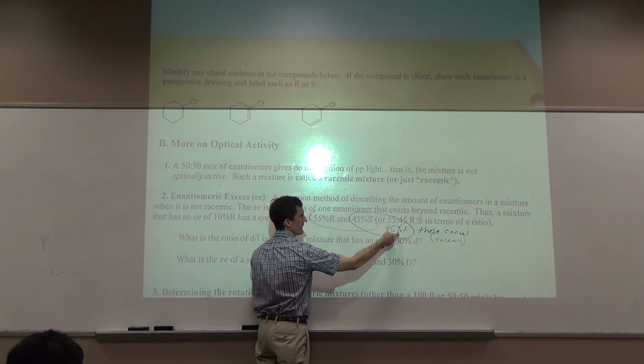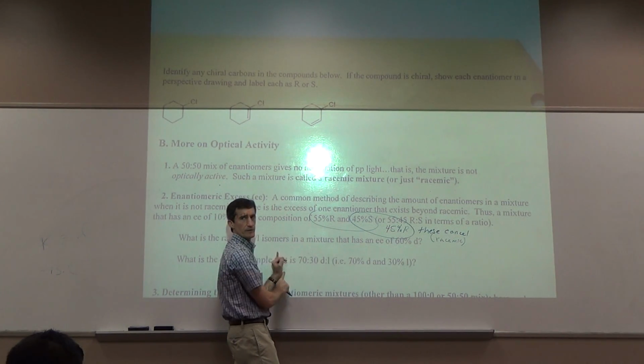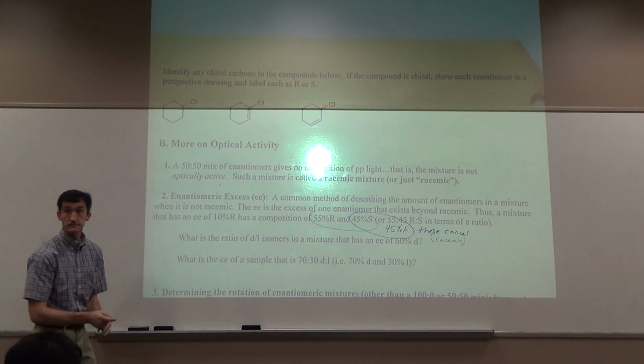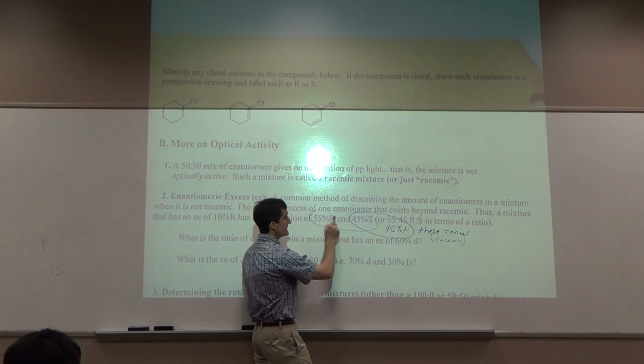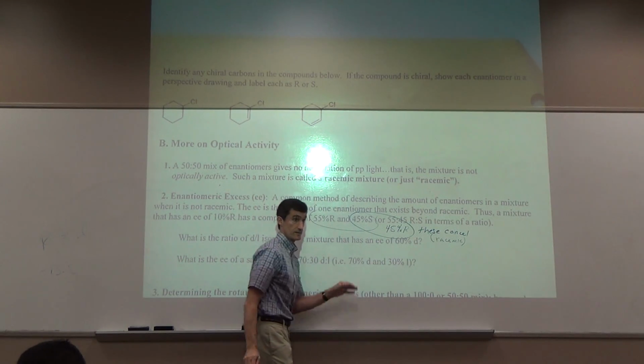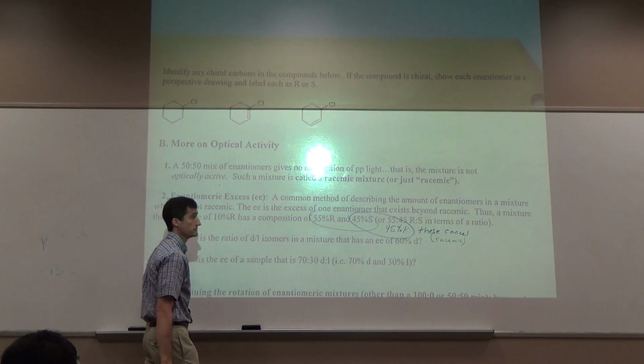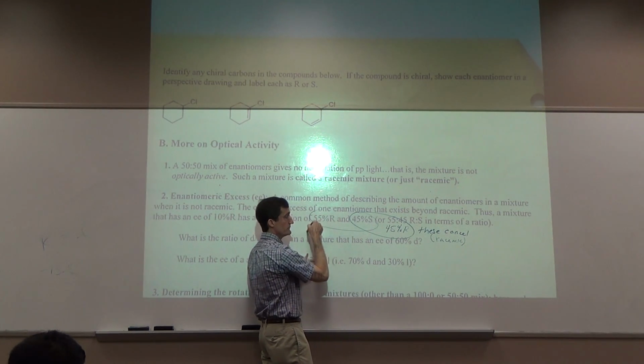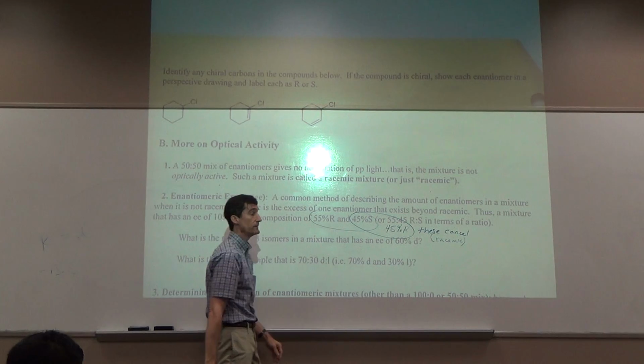If this cancels 45% of R, how much of R are you left with? 10%. 10% is the excess beyond racemic. These cancel, you're left with 10% that was not canceled. That's the EE.